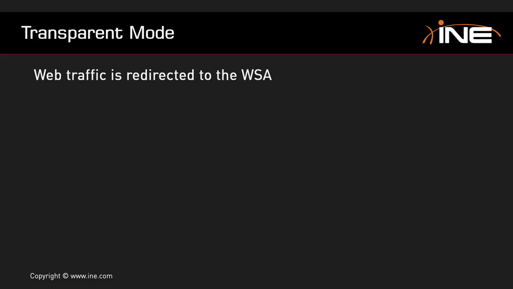Right, so what is now going to be different in case of transparent mode? With transparent mode, the goal is going to be to redirect communication from the network to the proxy, which means that our clients are technically unaware of the existence of a WSA, and they work as usual, meaning that they will eventually perform a name resolution, and after the DNS reply comes back, they are able to build a packet destined to the final web server in question.